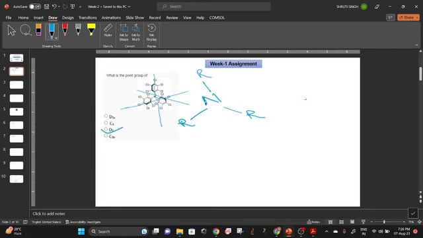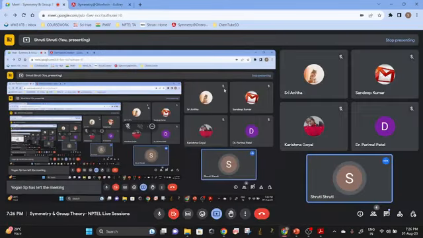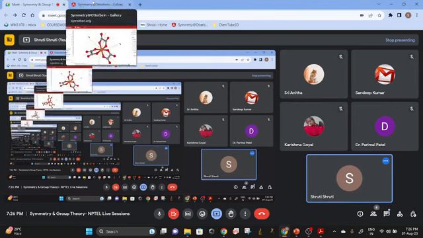Okay, so anyone else did this except Sandeep, Dr. Patel, Karishma? Can you put some insight into this? What will be the shape?